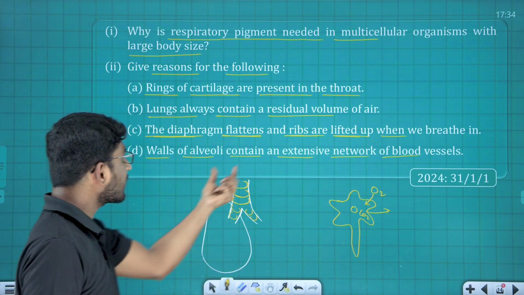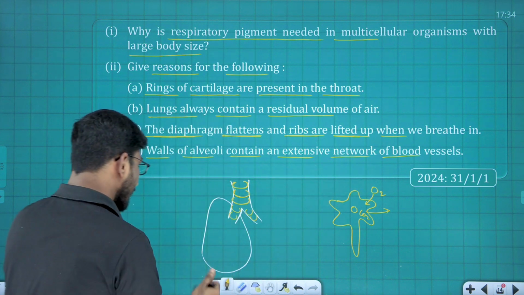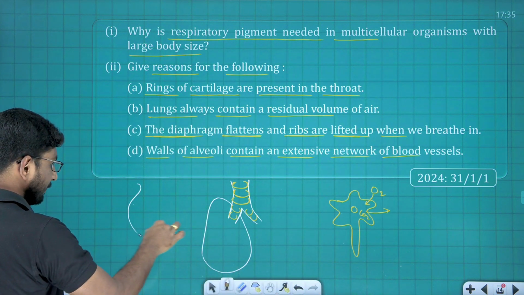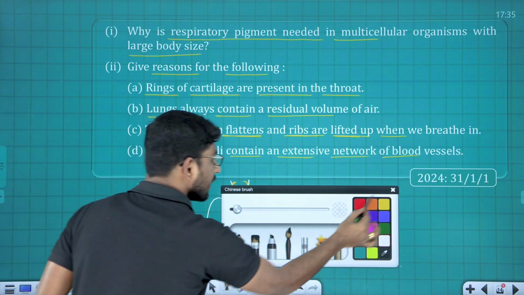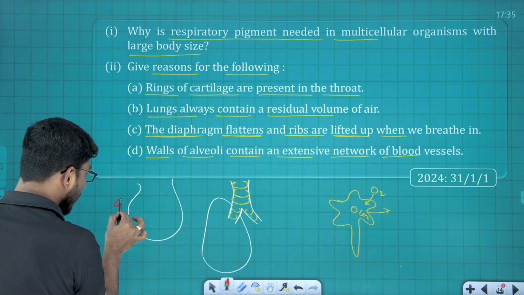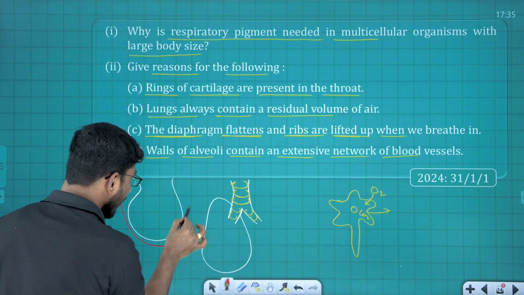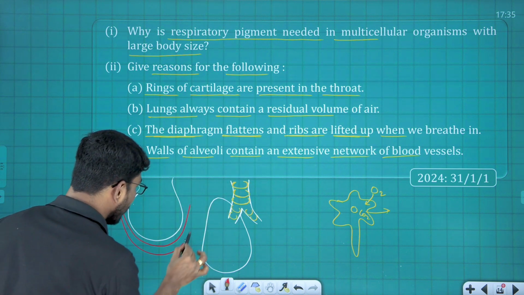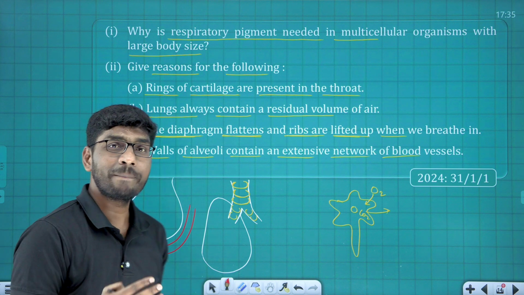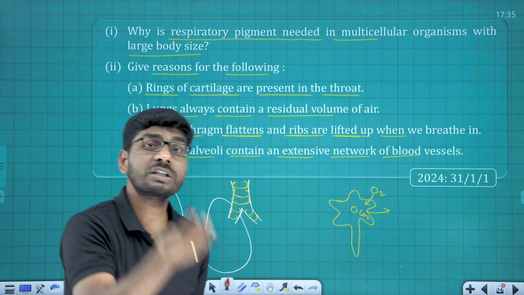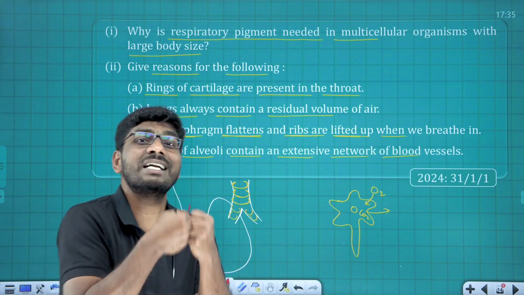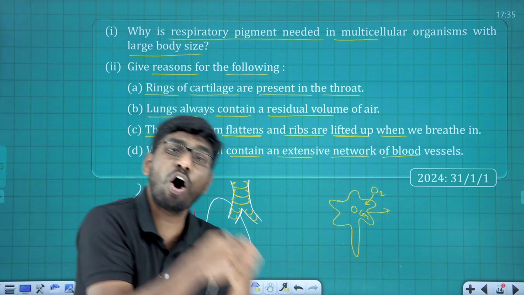This extensive network of blood capillaries: if I draw the alveoli, look at it, this is one alveolus, the blood capillaries will come and supply it extensively. Why? When more and more oxygen is coming in, it is taken into the blood to make the blood become oxygenated.